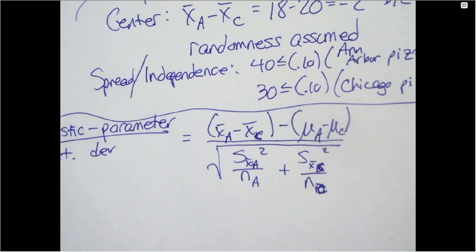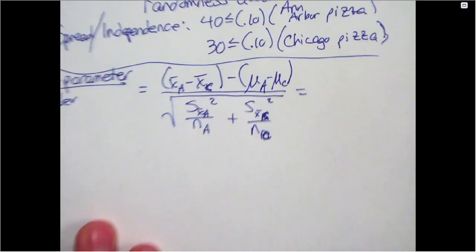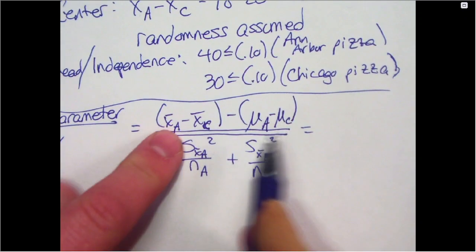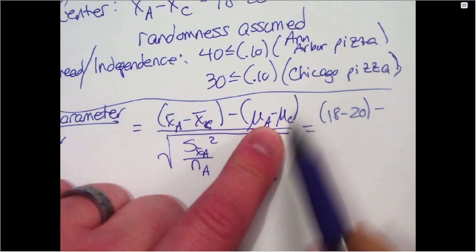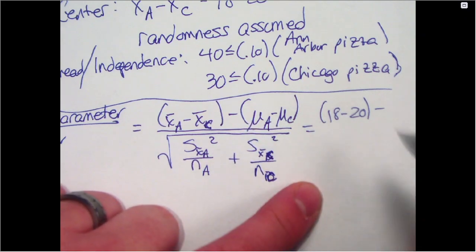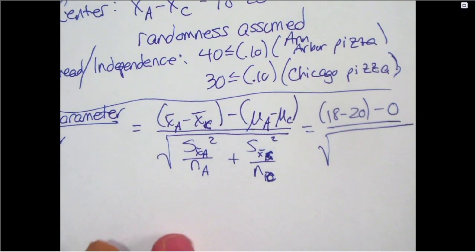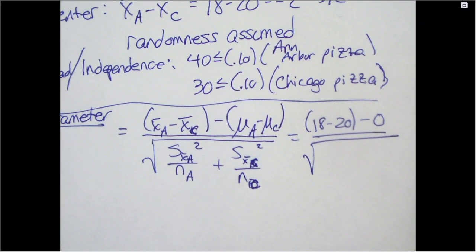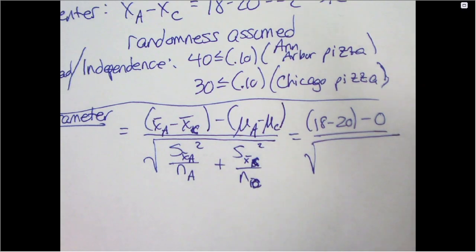And then we plug in the numbers, and then we're just going to go to our calculator. The standard deviation of A is 5.